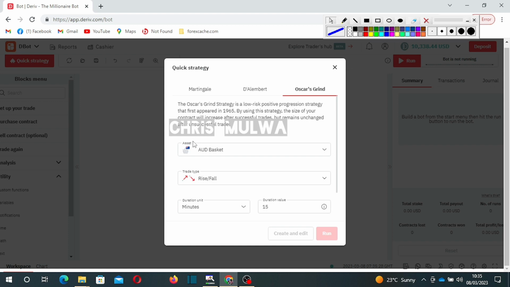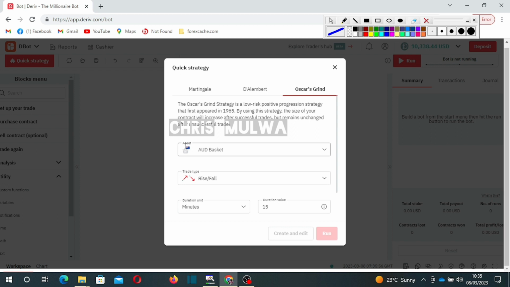Now this works opposite of the Martingale. Martingale, when you have a loss, the contract increases, your stake increases. But when you have a profit, it remains the same. On Oscar's, the stake increases when the profits are coming, when your bot is winning.